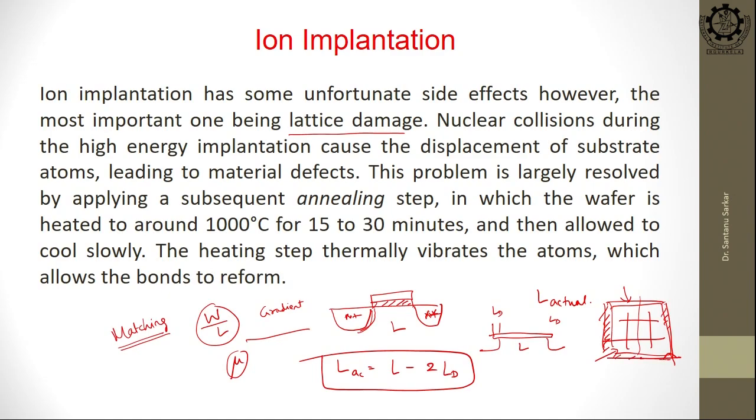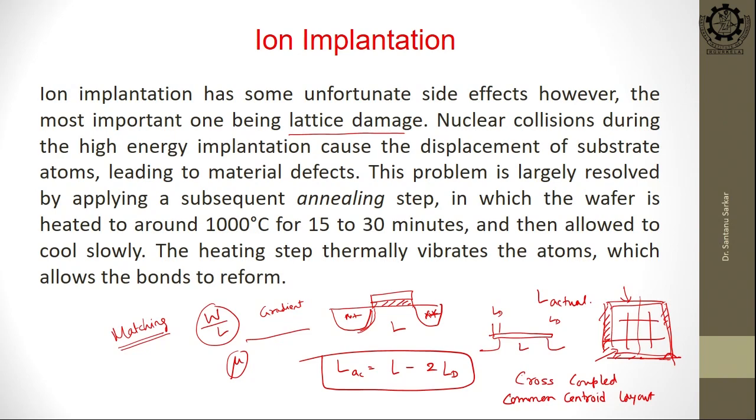So, to have a better matching, there is a technique that we will discuss later, called the cross-coupled common centroid layout technique. This is a technique that can improve your matching. How should you place them?